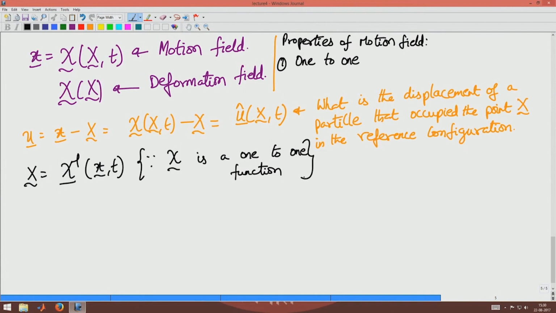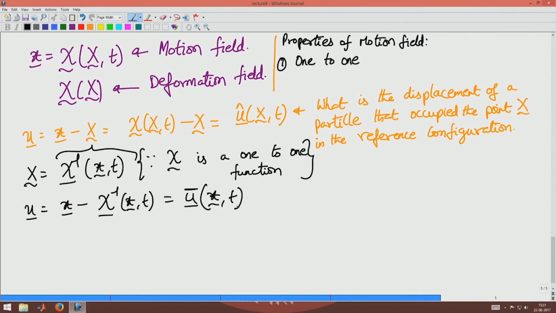Now, I substitute this for capital X in there, then what do I get? I get u to be small x minus psi inverse of small x comma t, which is, let me say, another function of small x comma t.